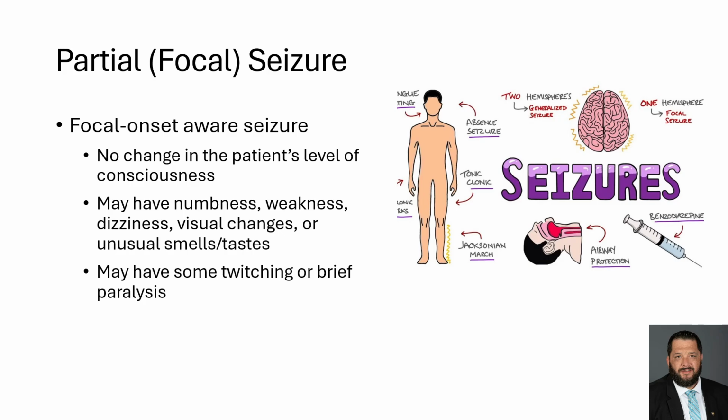So tonic-clonic or generalized seizures are all over the place. You have absence seizures, which is the video that we just watched with the child there. And then you have focal seizures, which may be a small part of the body. There's a specific type of focal seizure that you need to be aware of as well. These are called Jacksonian March seizures.